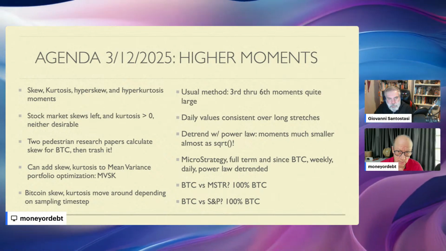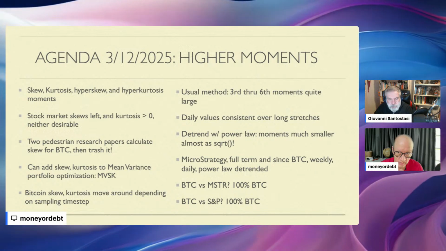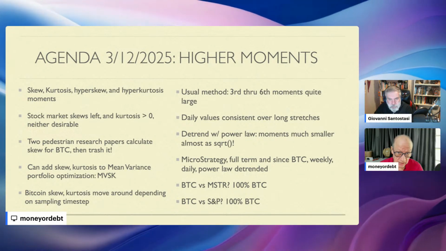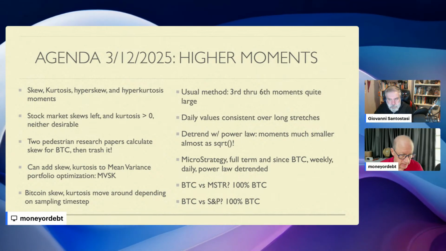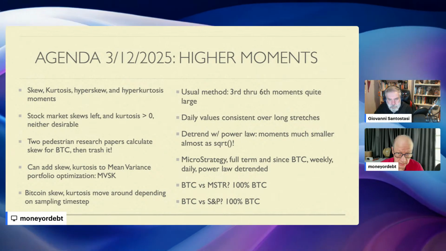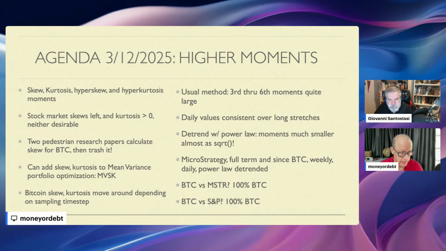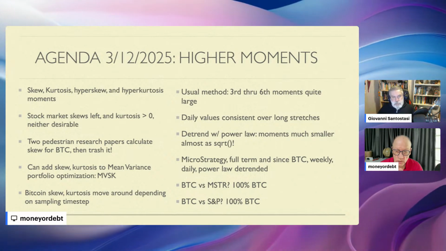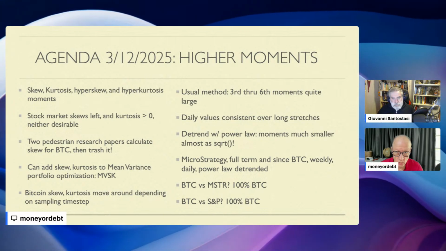I'm going to show you a couple of research papers that I've put the adjective pedestrian in front of, because they look at Bitcoin, they calculate the skew, and then they throw it in the trash. They don't use it. And they use the traditional Sharpe analysis that only uses the second moment, the variance or the standard deviation. So the first thing that you want to think about doing is adding skew and kurtosis.